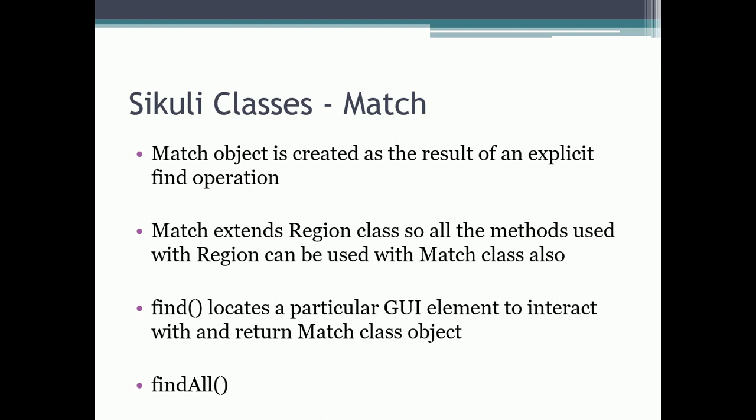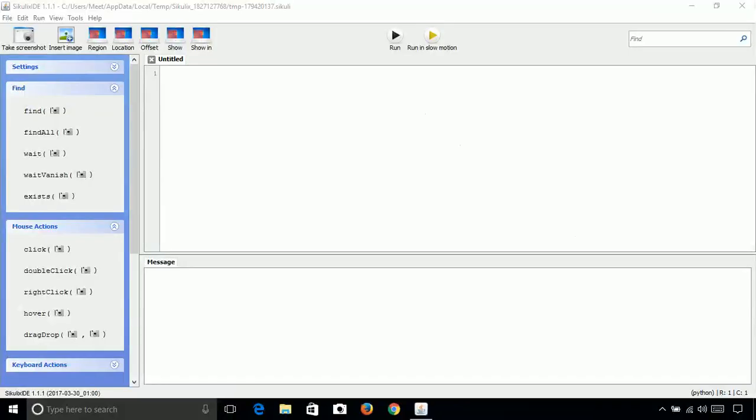We will write a script to find one particular pattern on our screen. So let's create a script. Let's see how we can use find in our script. What find will basically do is look for a particular pattern on our screen. So let's use find here.